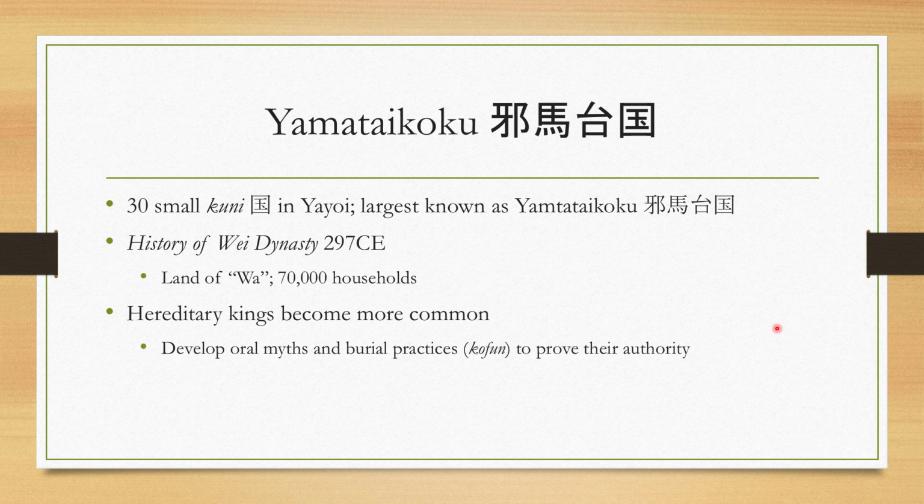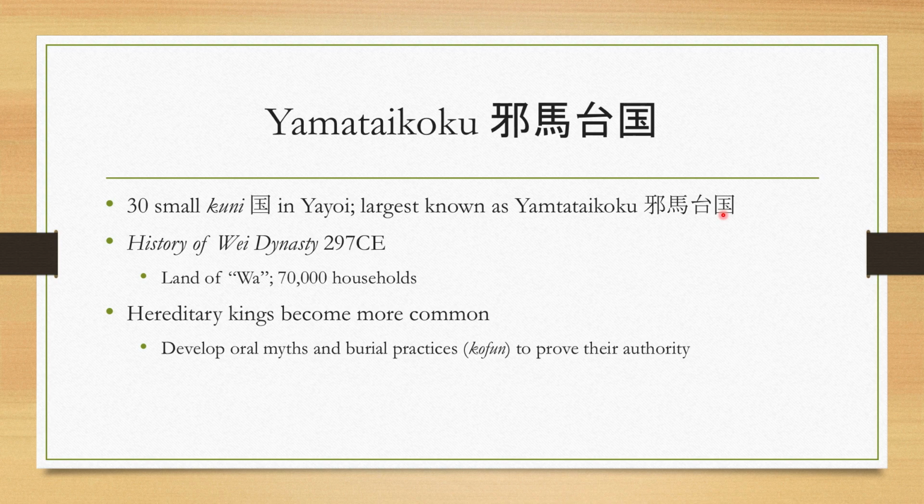So one of the first kingdoms was a kingdom called Yamatai-koku. There were 30 small kuni in Yayoi, but this was the largest. And in fact, the actual location of Yamatai-koku is not known exactly. It could have been somewhere in Kyushu, perhaps in the Kinai region.